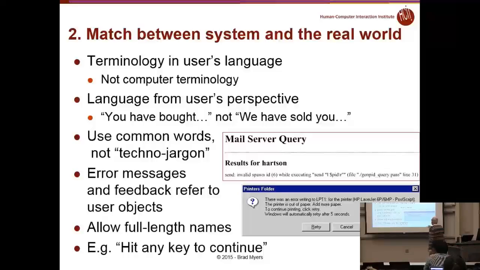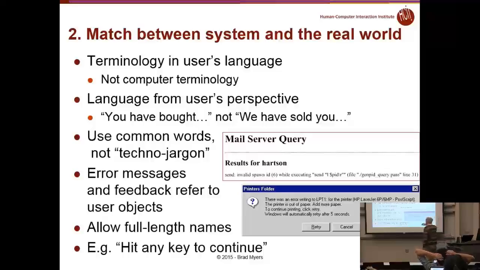And the real problem is the printer is out of paper. Please add more paper. So there wasn't any need for all of this detailed internal stuff. They could just say, "The printer, HP LaserJet 6P, is out of paper." At least it told you that important information, but why is it hidden among all this jargon?